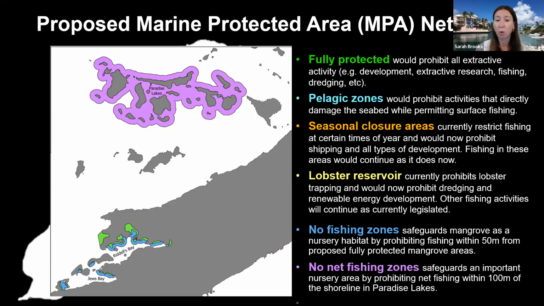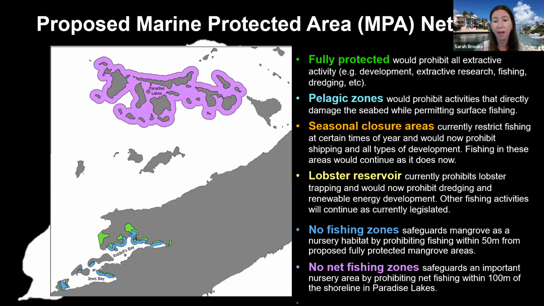Mangroves are important nursery habitat, but they also provide shoreline protection against erosion and adverse weather conditions. So the mangroves themselves are proposed to have full protection with a 10-meter full protection buffer, and then an additional 50-meter no fishing buffer on top of that.